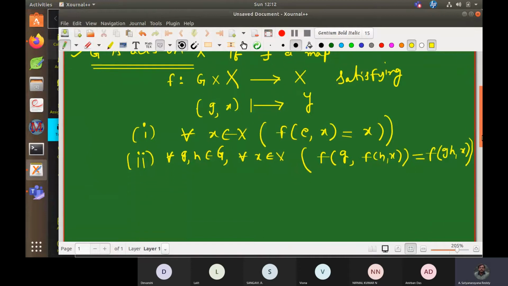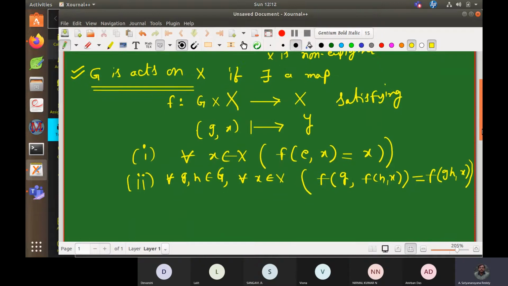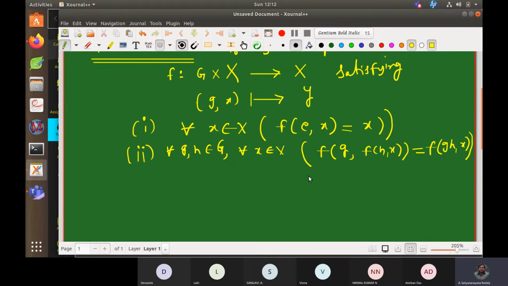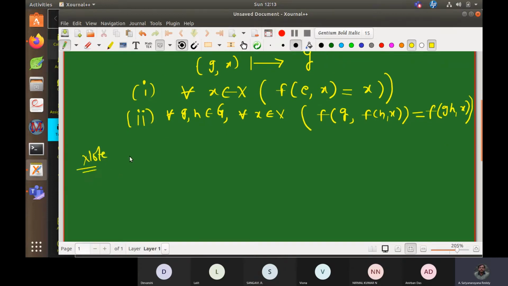Again, I told you that this action is generally called a left action. But you see that the notation is a little cumbersome, writing f and brackets every time, so we'll simplify the notation. f of g comma x, we simply define it as g dot x.